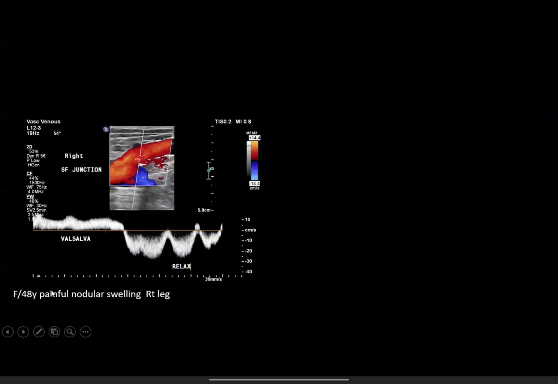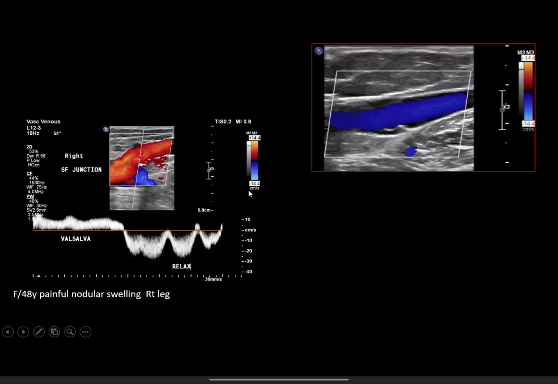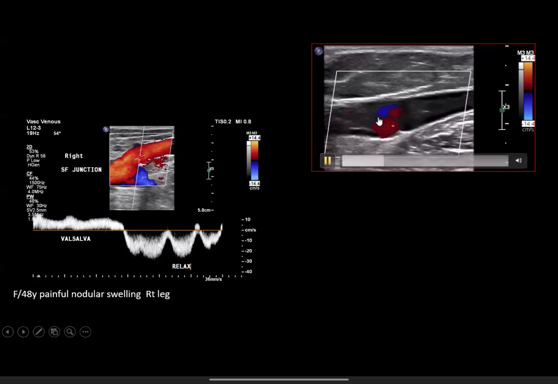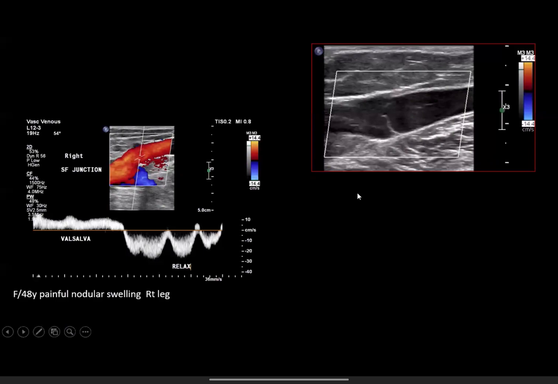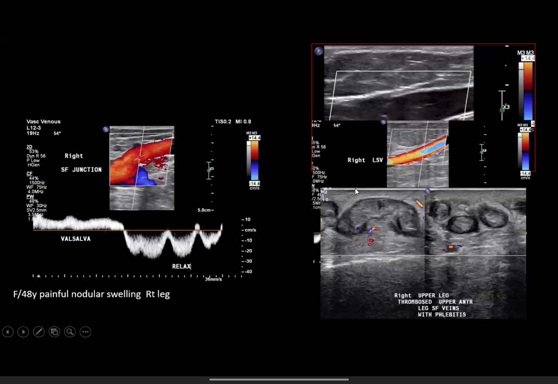Now another case, 48-year-old female, painful nodular swelling in the right leg. Painful nodular swelling. So this is how the venous wall is incompetent in the femoral region. In the region of the nodular swelling, we can see multiple dilated tortuous veins with thrombi within them.